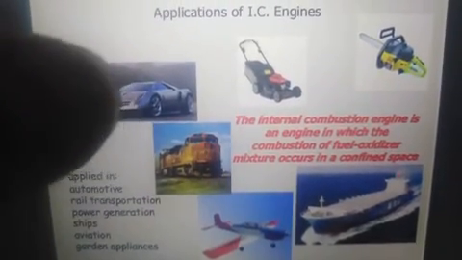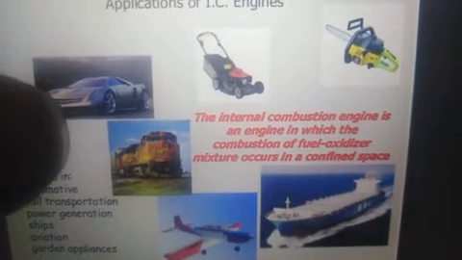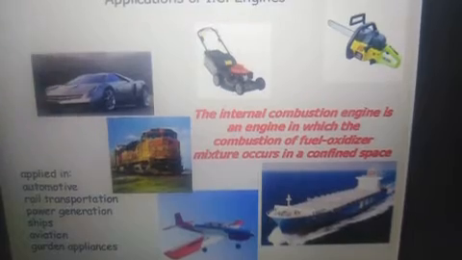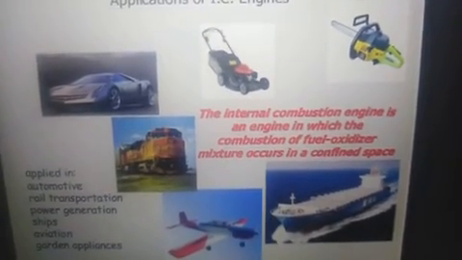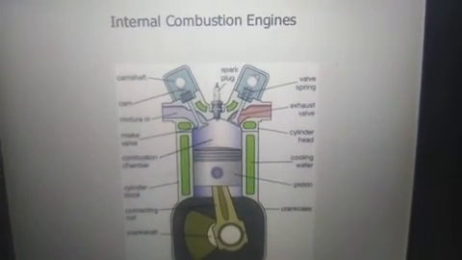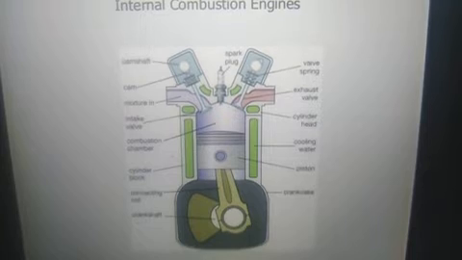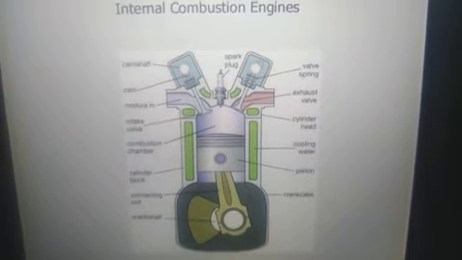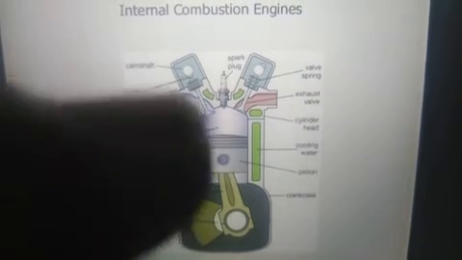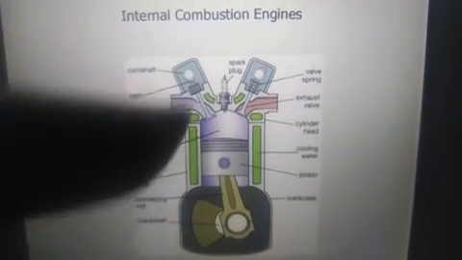The IC engine is an engine in which the combustion of the fuel-oxidizer mixture occurs in a confined, compact space. These are the components of an IC engine, or any type of engine. Now it consists of a compact cylindrical tube or cylinder in which the piston is reciprocating up and down.